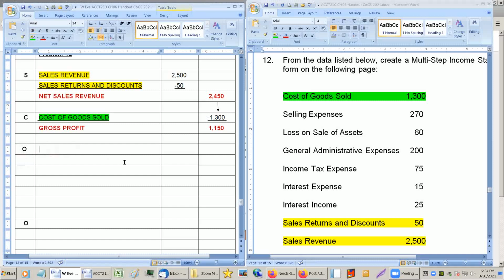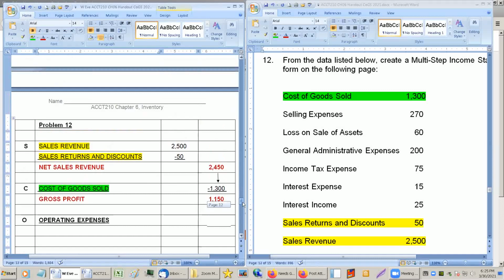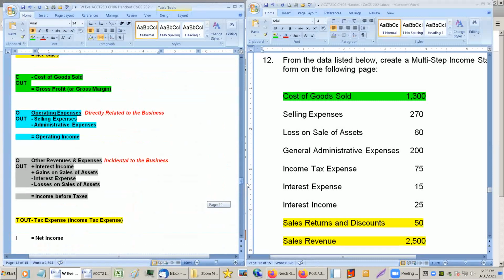Okay, operating expenses. Operating expenses come in two flavors.